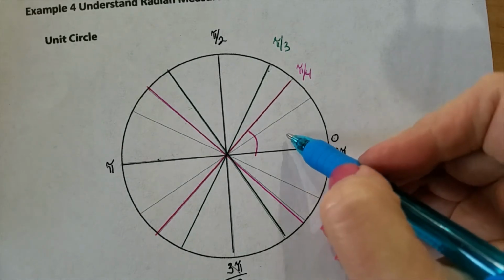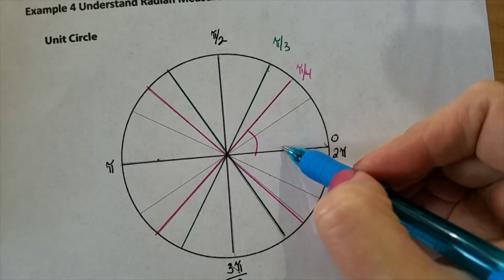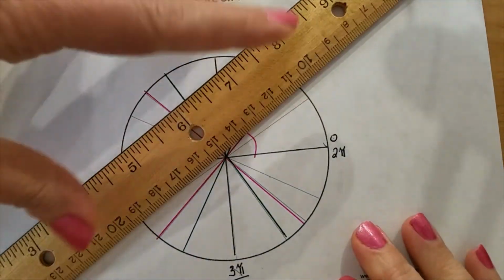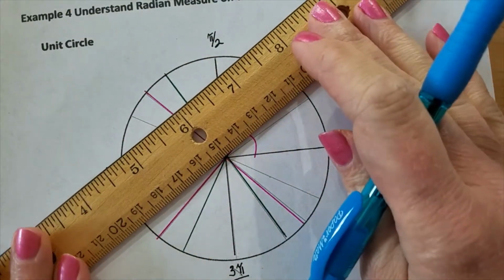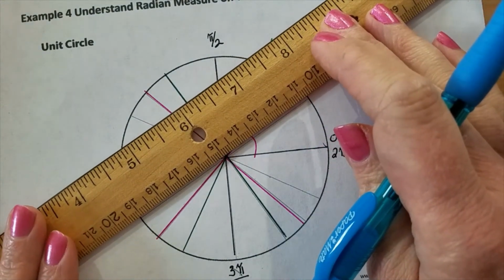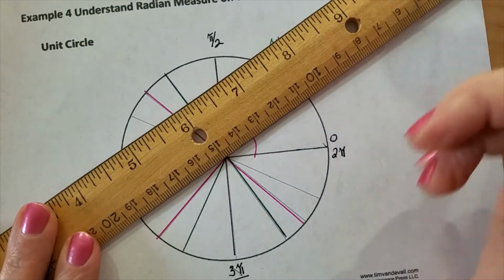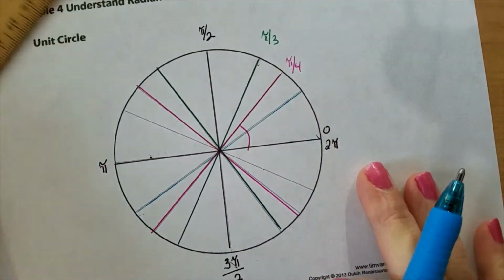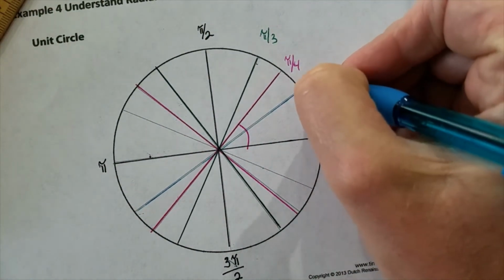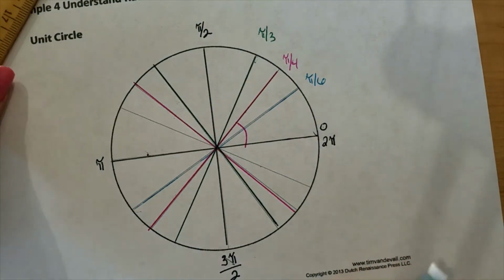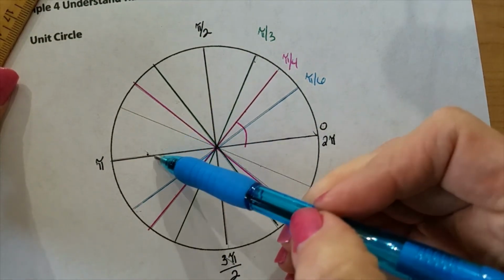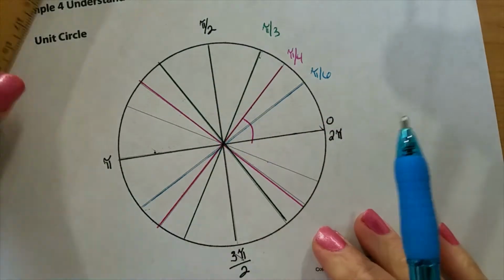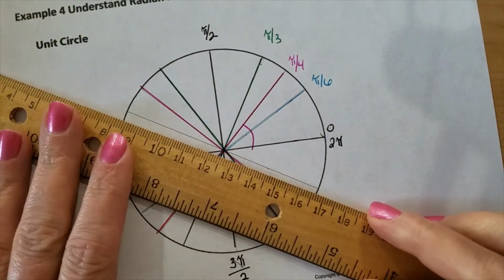And now here, this is 30 degrees. 30 degrees in radians is pi over 6. So this is pi over 6, which also means here, because of my reference angles, 30 degrees, these are also pi over 6. Again, that is a reference angle.